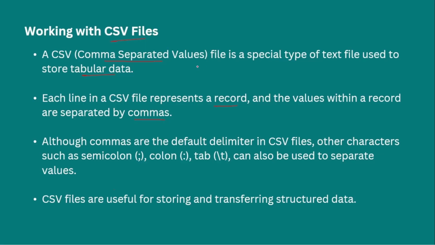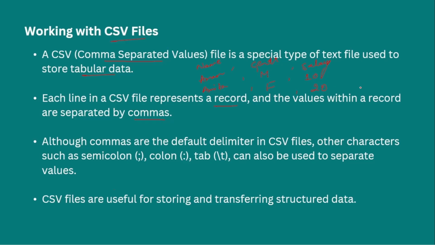We have the name of the employee, the gender of the employee, and the salary of the employee. Let's say the name is Aman, gender is male, and salary is 10 lakhs. Then we have Amita, gender is female, and salary is, let's say, 20 lakhs.